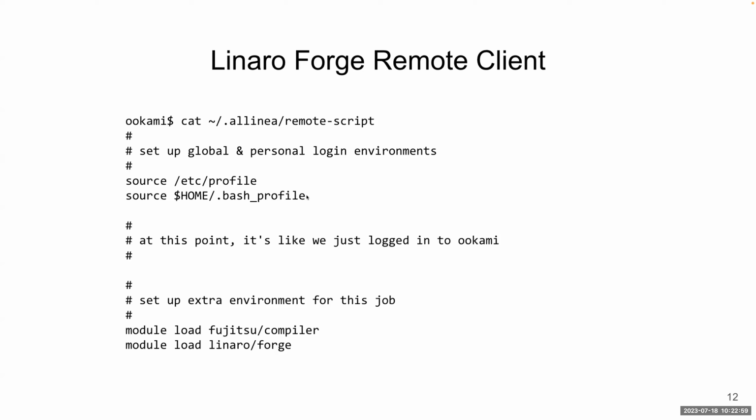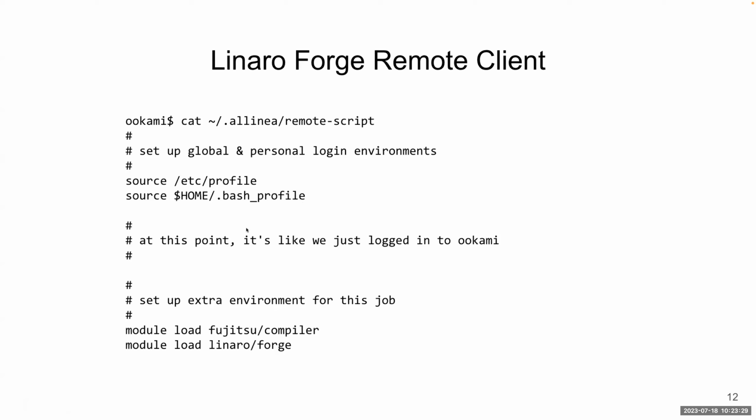So they set up access to all of the global modules and your own personal setup, for example, your own module files or environment variables and so on. And then we set up the environment for this job. So this particular remote script, and again, I could call that anything I want, I could call this like the Fujitsu configuration script or something. So I'm loading up the Fujitsu compiler, and of course, I also want to load up the Forge tools.